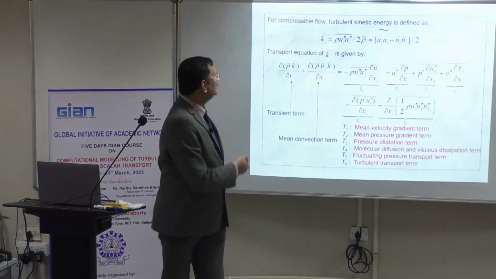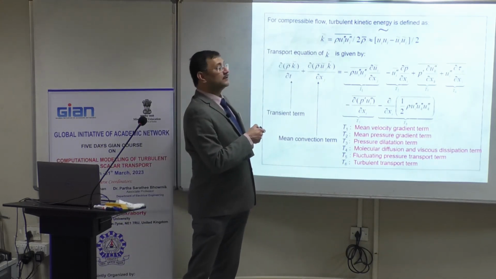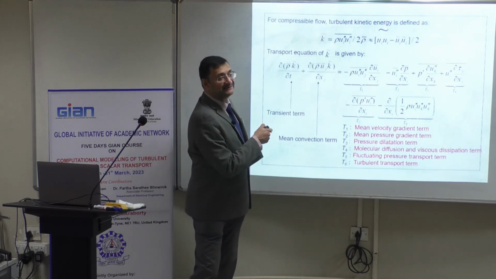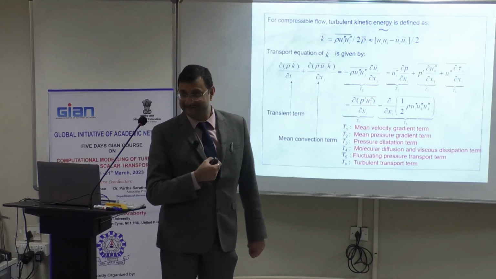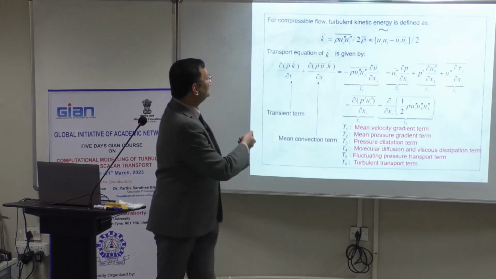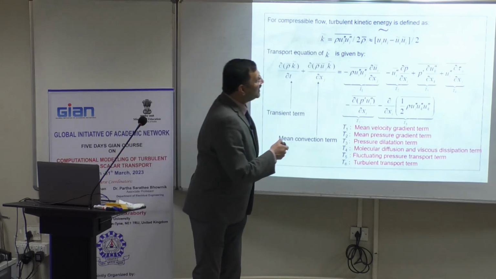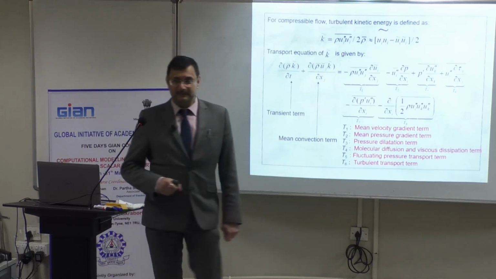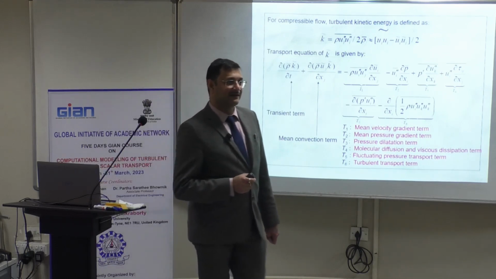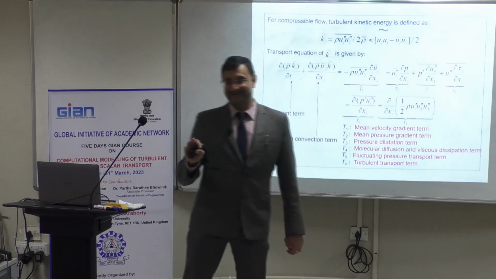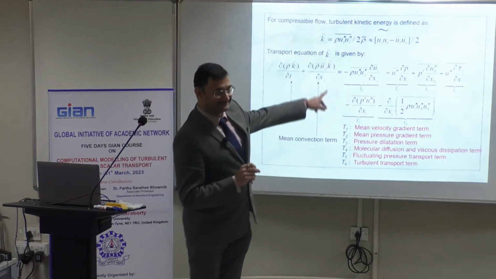But when you are talking in terms of compressible flow, we are not going to talk about K, we are going to talk about K tilde, which is essentially the Favre mean kinetic energy. It's defined like this. It's not quite this, but it's almost like that. I'll explain later on when we go through the tutorial question. Come back to that.